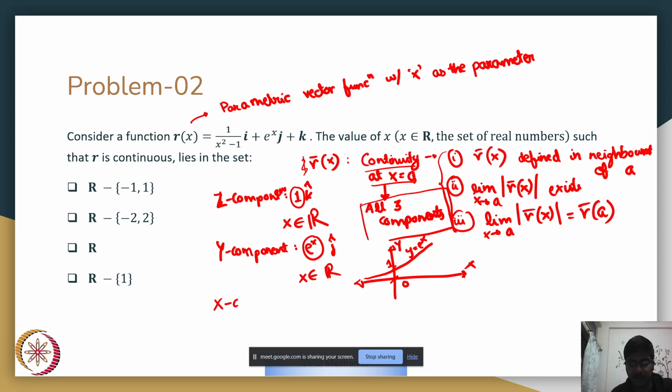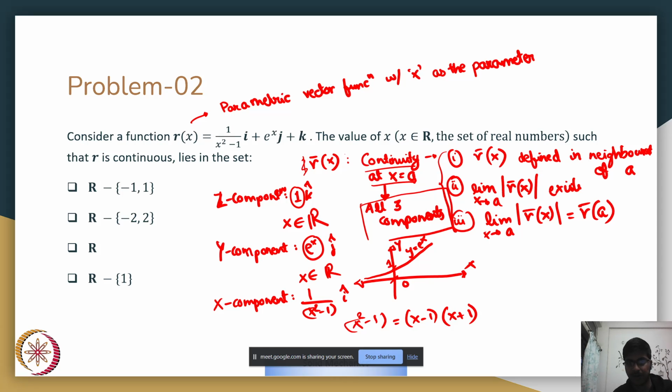The third is the x component, which is 1 over x square minus 1, i hat. Now you can see that this will have some problems, specifically if you factorize the denominator. X square minus 1 can be factorized as x minus 1 into x plus 1.